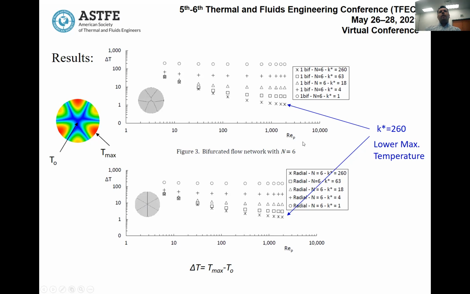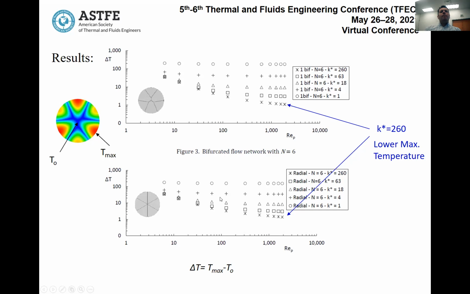So the configuration that produces the best performance in terms of thermal resistance would be the one with K star equal to 260, compared to the others here for n equals 6 for bifurcated flow and radial.